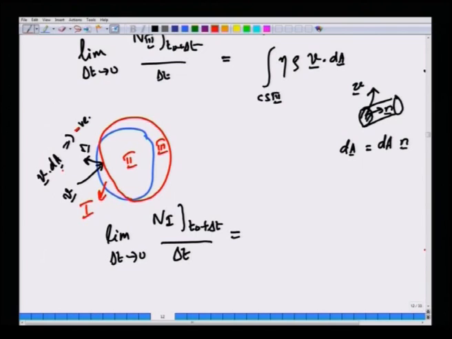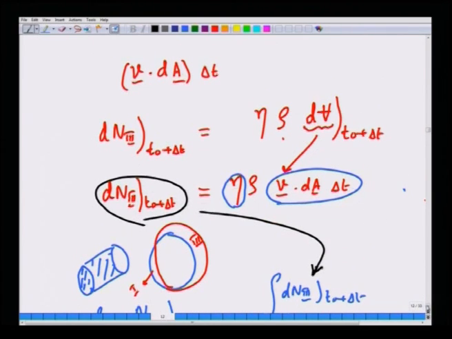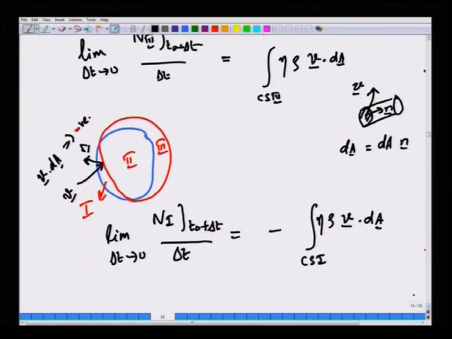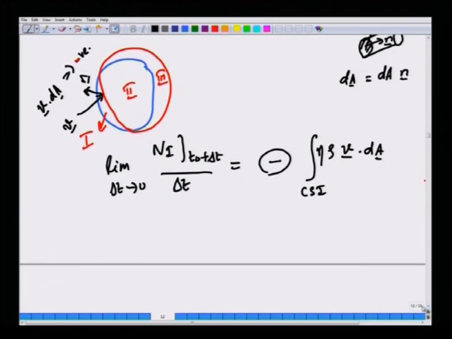So, since v dot dA is negative, we will put an explicit negative sign. If we had not put the negative sign in the previous slide, then we could simply forget about the negative sign here, because v dot dA itself is negative. But since we explicitly took the negative sign into account there, we have to take care of an additional negative sign here. That is the idea.